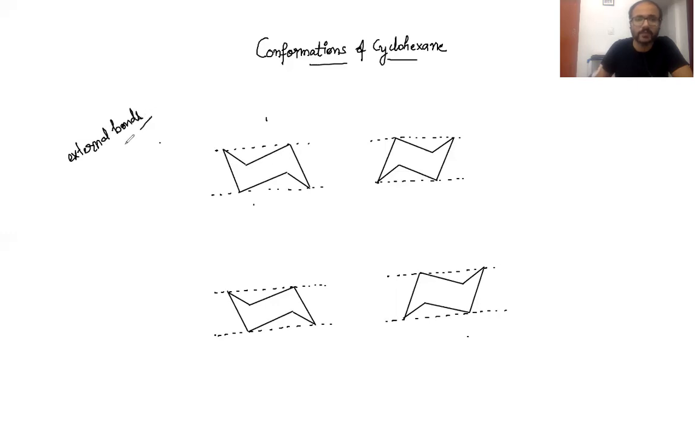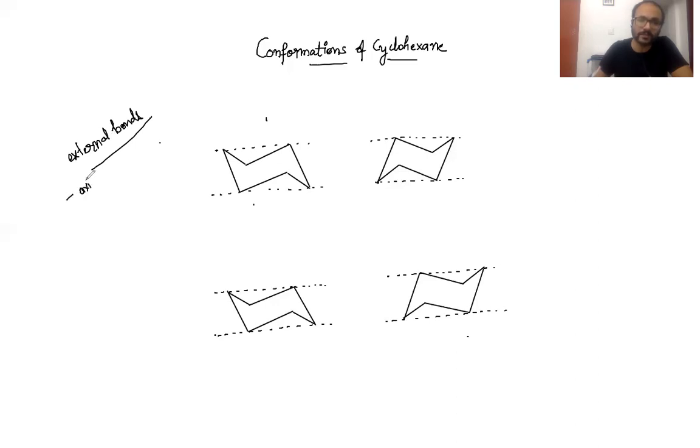Now talking about the external bonds, you will have 2 external bonds attached at each of these vertices, because each of the vertices is already attached with 2 bonds in the ring. So only the 2 extra bonds are left. Okay, so these external bonds are actually of 2 types.